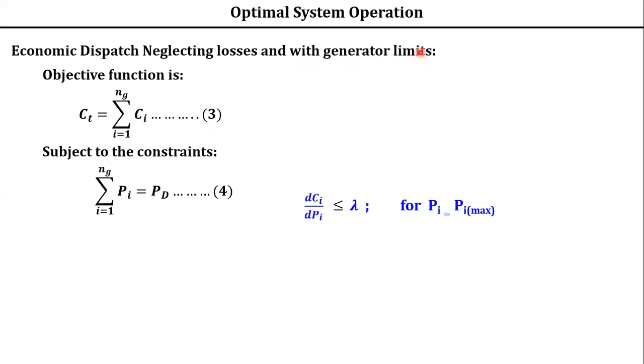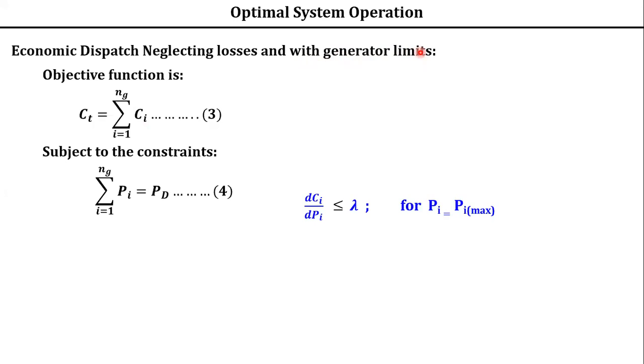What are these generator limits? Like I have explained, the normal value of voltage at buses will be 1 per unit. However, a tolerance of plus or minus 5% is permissible. So what is the range? 0.95 per unit to 1.05 per unit.